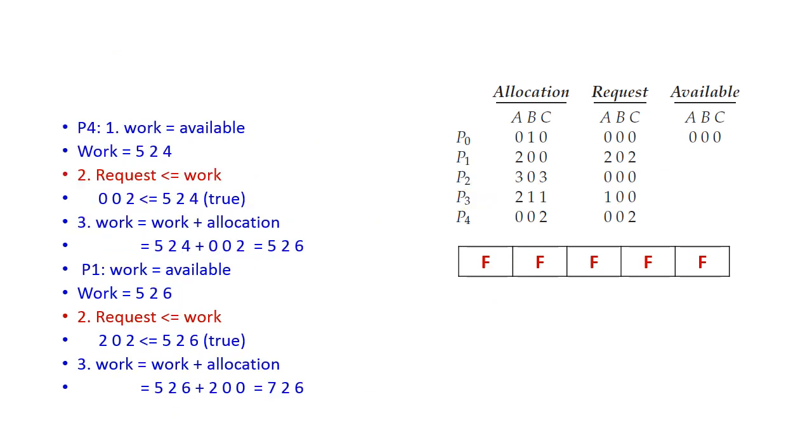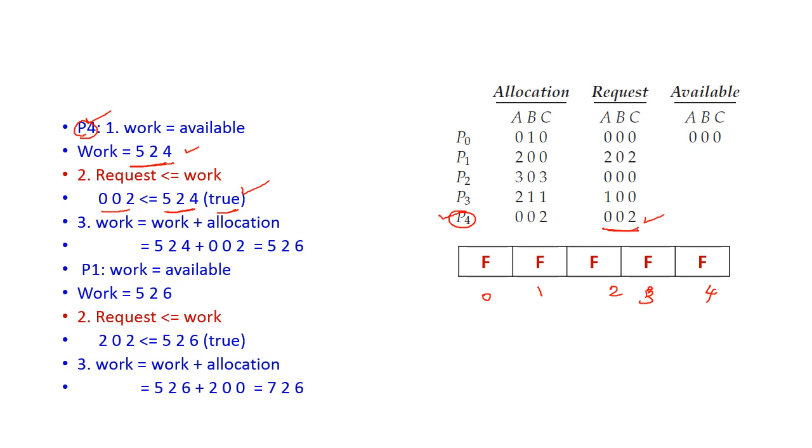And now this is P0, P1, P2, P3 and this is P4. Now let us take this P4. What is the current available? 5, 2, 4. The request of P4 is 0, 0, 2. That is of course less than the current available resources, hence the condition is true. Hence P4 will execute successfully without any shortage.